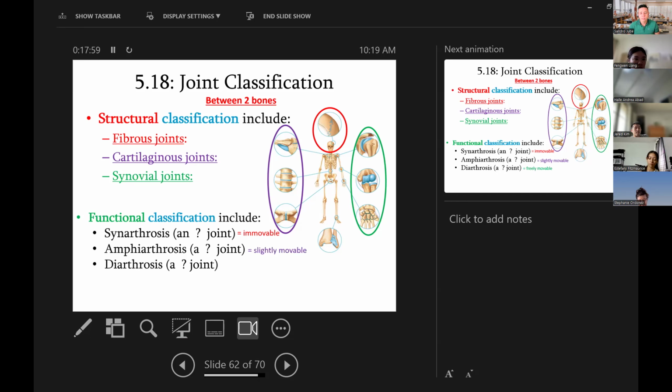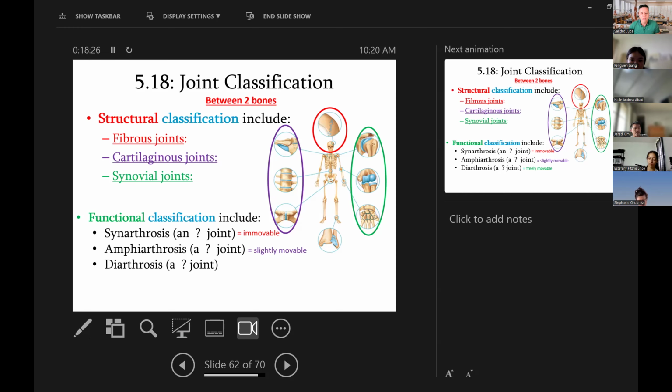Cartilaginous joints, like the joints that hold our clavicle to the sternum, like the joints in between our vertebrae, like the pubic symphysis joint, are slightly movable, and we call those joints amphiarthrosis. So cartilaginous joints are also amphiarthrosis joints.